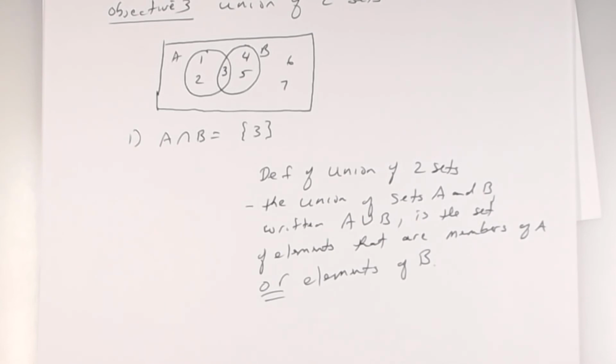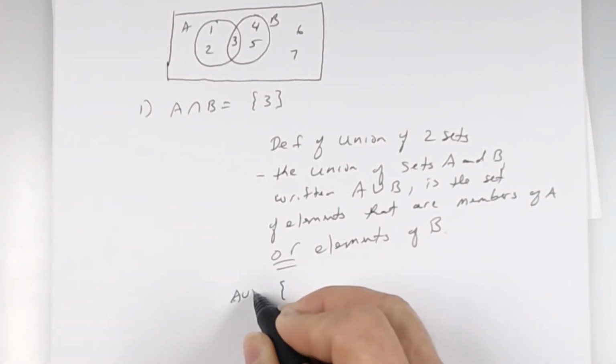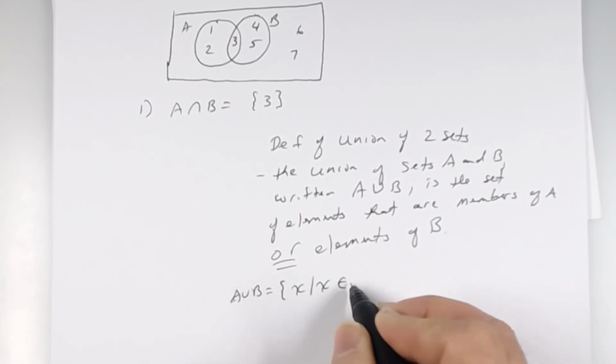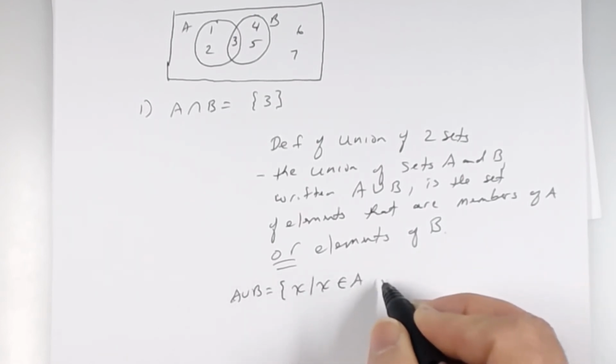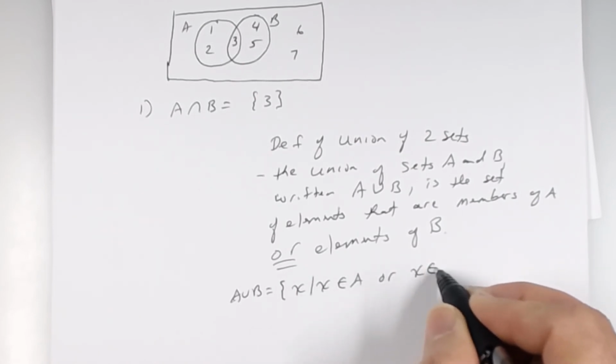B. Okay? All right. So let's go to our example. Let's see if you understand the definition. Oh, and by the way, set builder notation looks like this. So A union B would equal the set of x's such that x is an element of A, and what word do I use instead of and? Or x is an element of what?